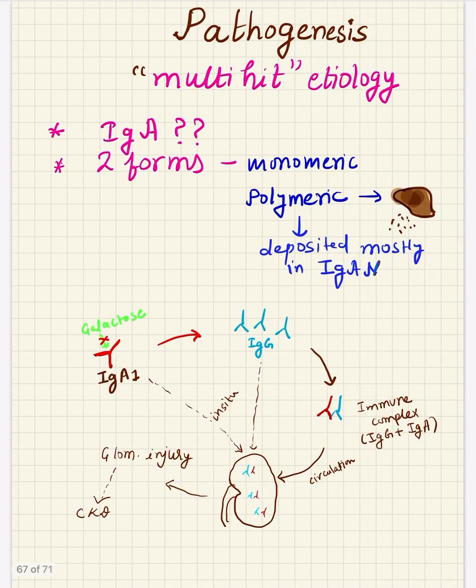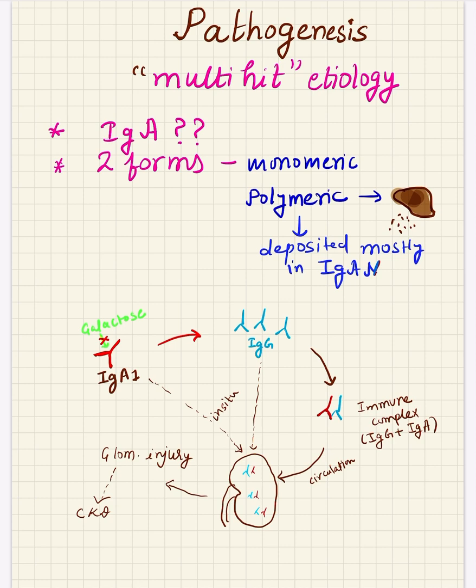Now in the pathogenesis there is multi-hit etiology, and several steps are involved in causing IgA nephropathy. You know that IgA is immunoglobulin A, the second most common immunoglobulin after IgG, and mostly it is seen in body secretions like secretions of the GI tract, and less in serum.